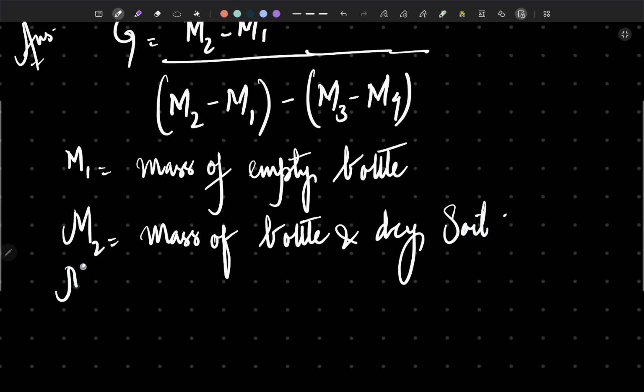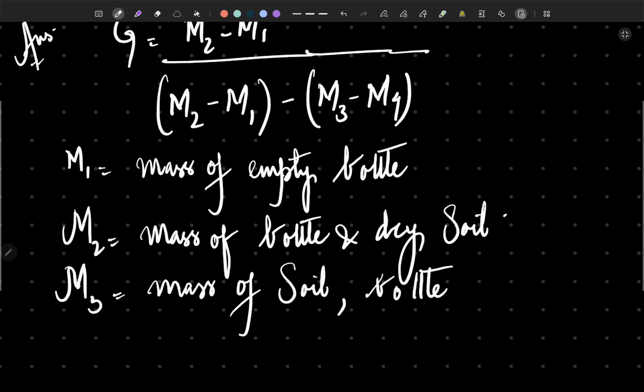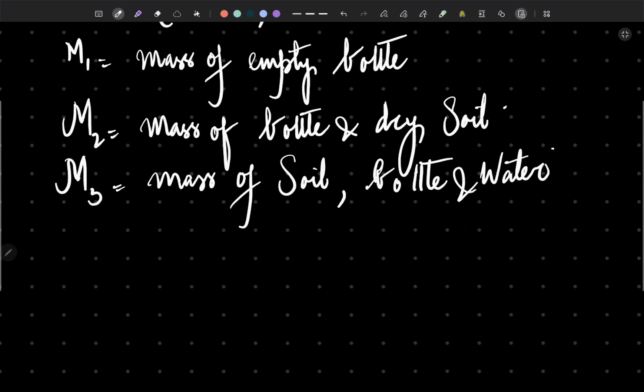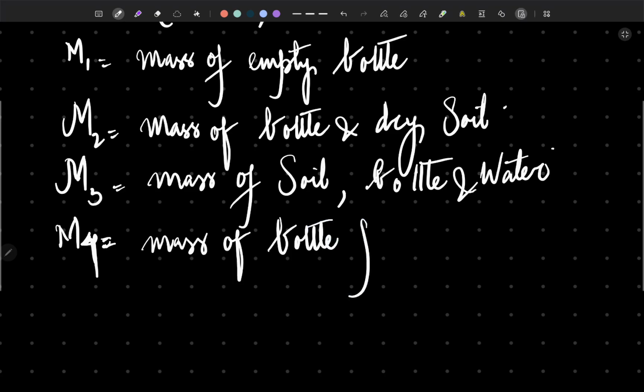Then we have m3, the mass of soil, bottle and water. And m4 is the mass of the bottle filled with water.